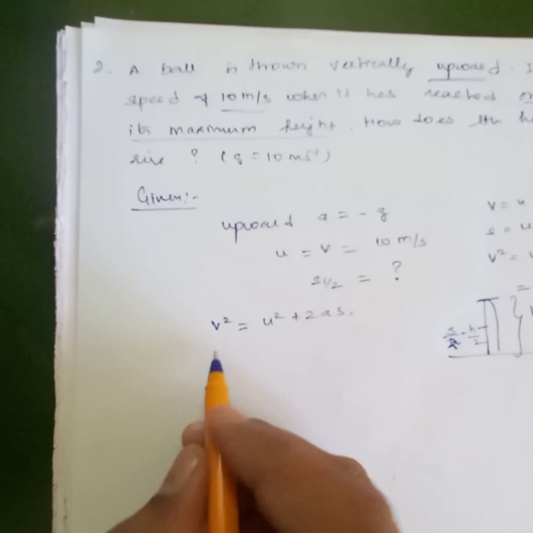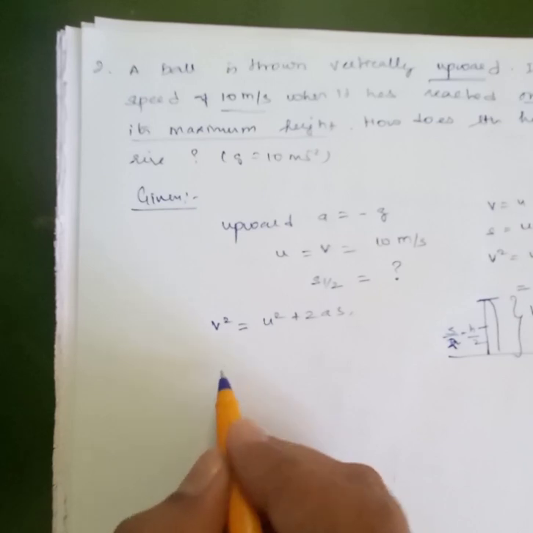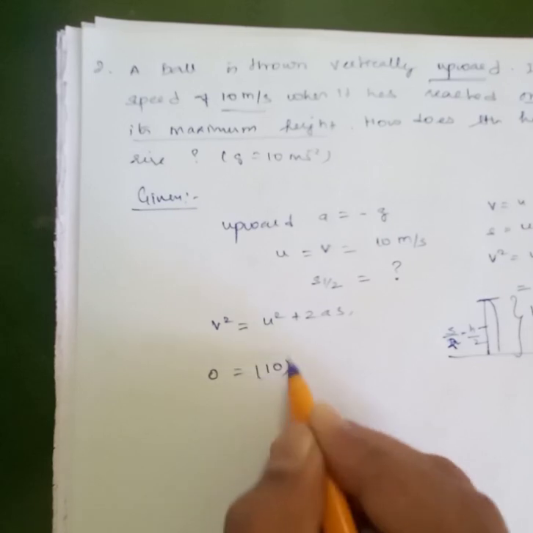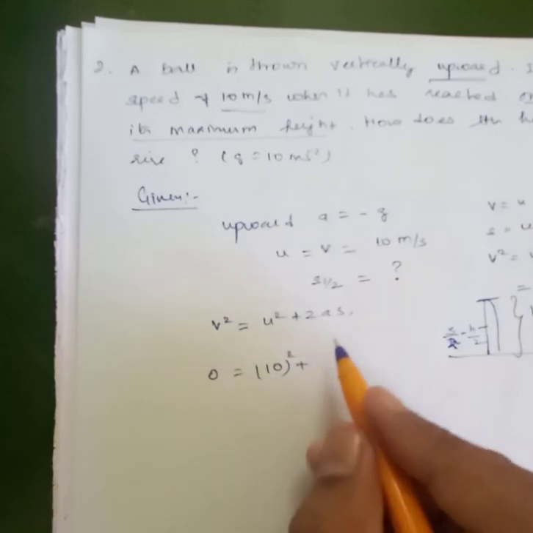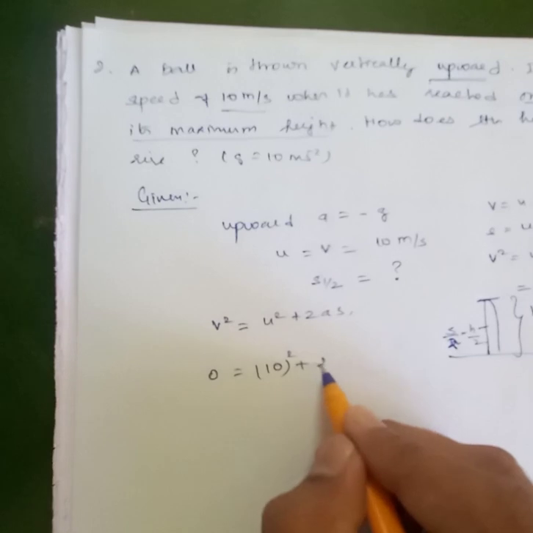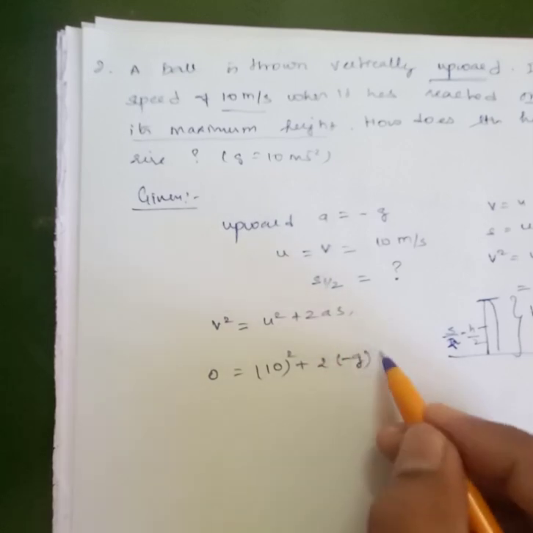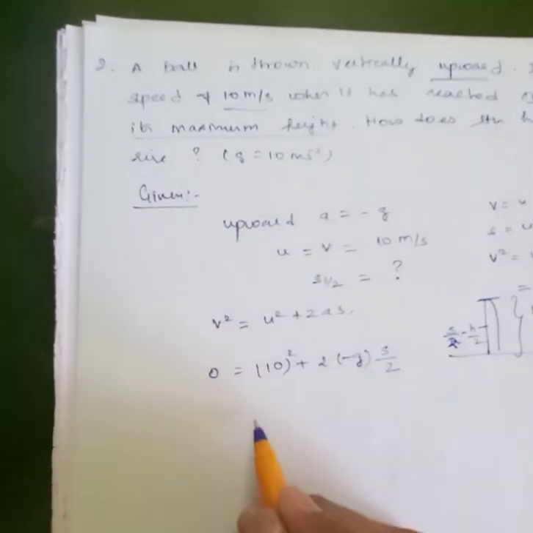So substitute all the values in this equation. V is equal to 0, where u is equal to 10 whole square, plus 2, a equal to minus g, where s is equal to s by 2.